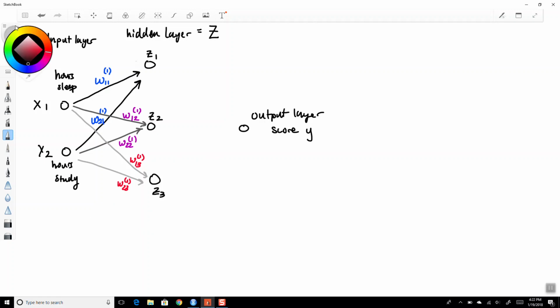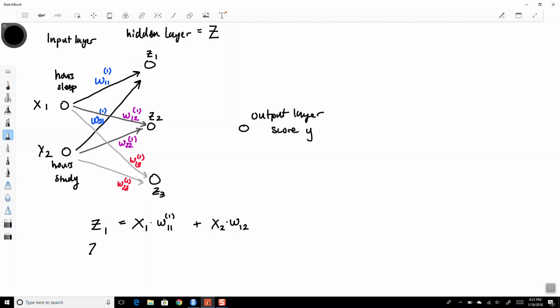And so we would say that this value Z1 is going to be the product of x1 times weight 1, 1 in kind of our first weight matrix, plus x2 times weight 1, 2, okay?